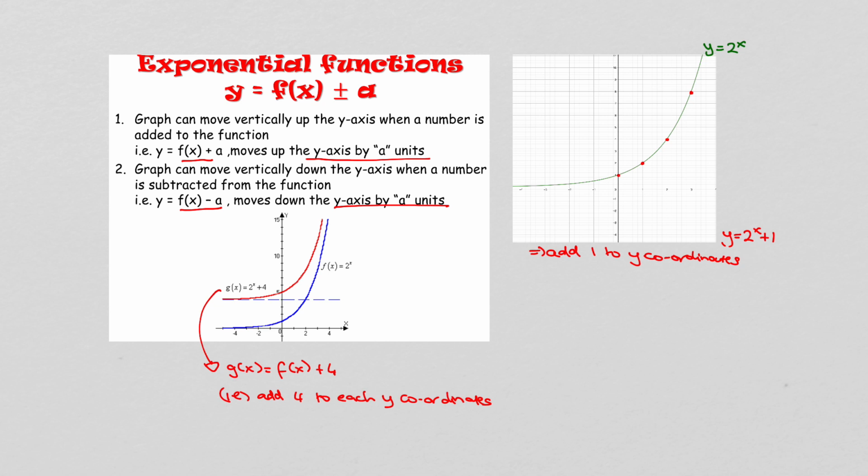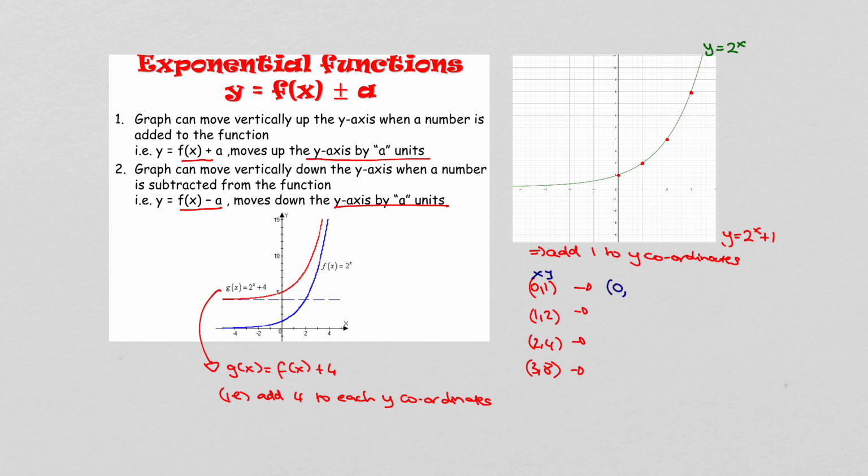So our original function has the points 0, 1, 1, 2, 2, 4, and 3, 8. And then for my new coordinates, I take my x and my y. My x is going to stay the same, which is 0, and my y coordinate increases by 1.